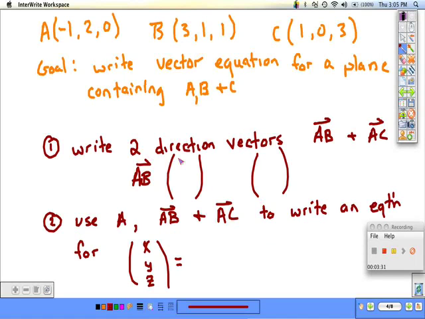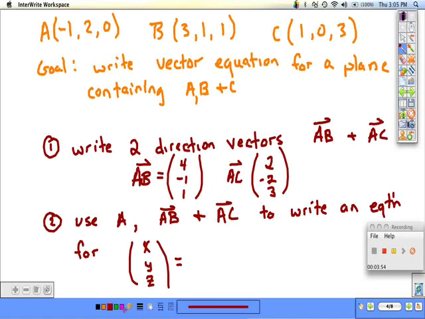So B minus A is going to be (4, -1, 1). Then for AC, we do C minus A. 1 minus negative 1 is 2, then (2, -2, 3).